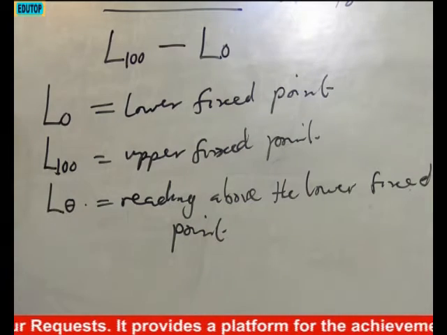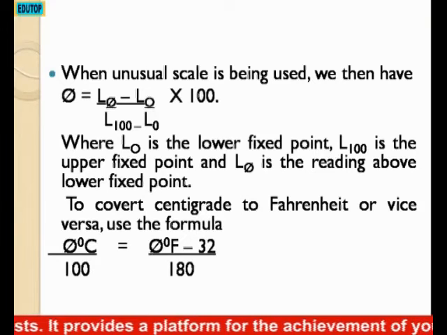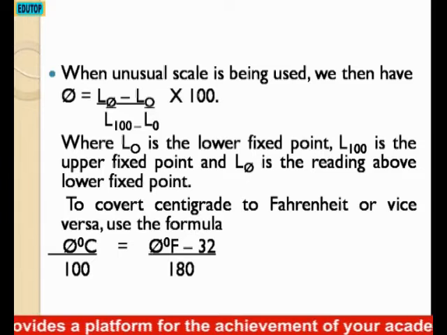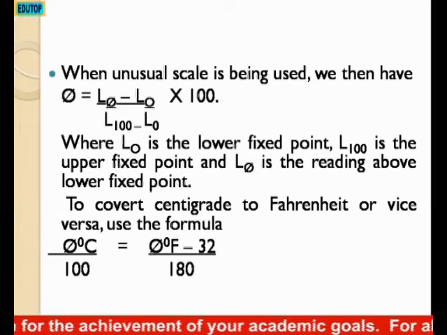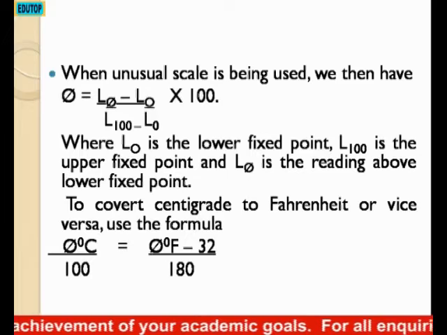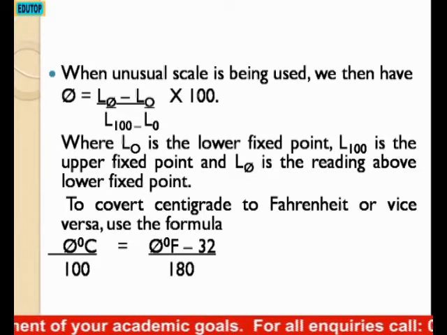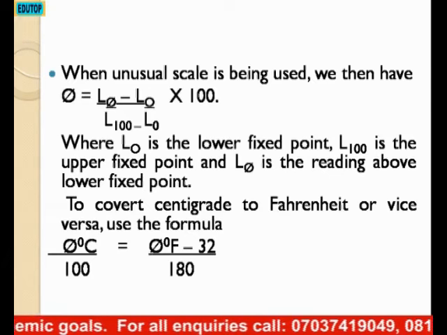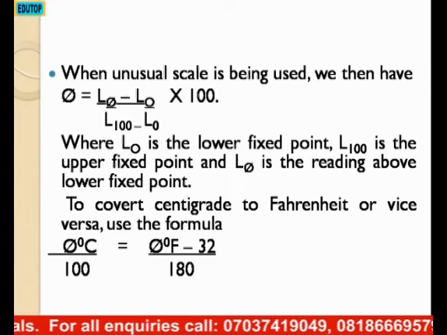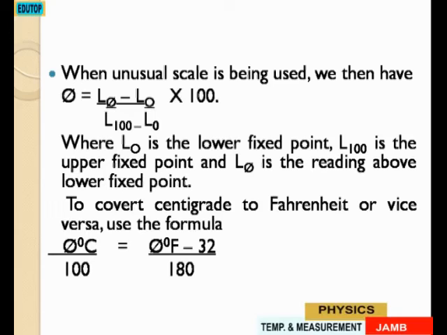And that's that. To convert centigrade to Fahrenheit, because we can convert from centigrade to Fahrenheit, and you can also convert from Fahrenheit back to centigrade, and vice versa, we can use this formula.